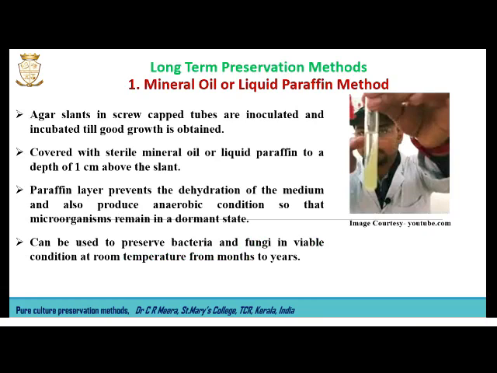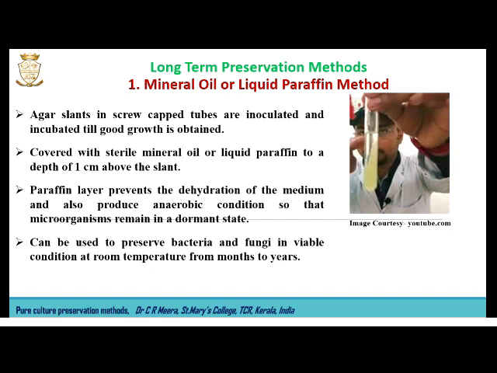Coming to the long-term preservation methods. The mineral oil or liquid paraffin method is a common method used for long-term preservation. Here, agar slants in screw-capped tubes are inoculated and incubated till good growth is obtained. Then it is covered with sterile mineral oil or liquid paraffin to a depth of 1 centimeter above the slant.